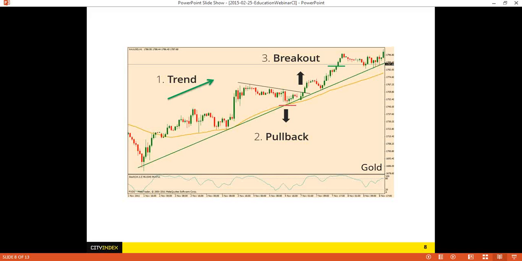Now, that being said, all of the principles that I'm talking about today and in the next several weeks can work on all the different time frames. Whatever indicators you're looking at, chart patterns, the trend, breakouts, pullbacks, etc., these work on all the different time frames. Okay, so let's move forward real quick.